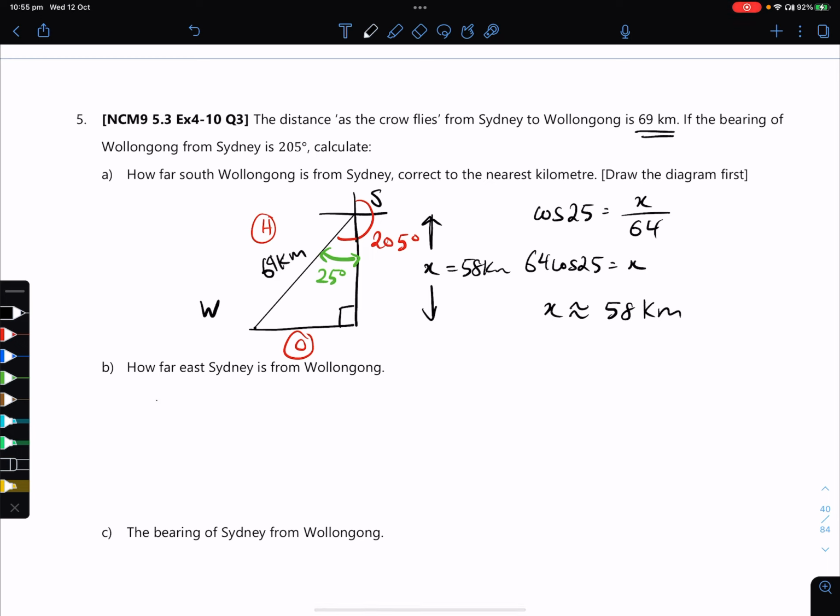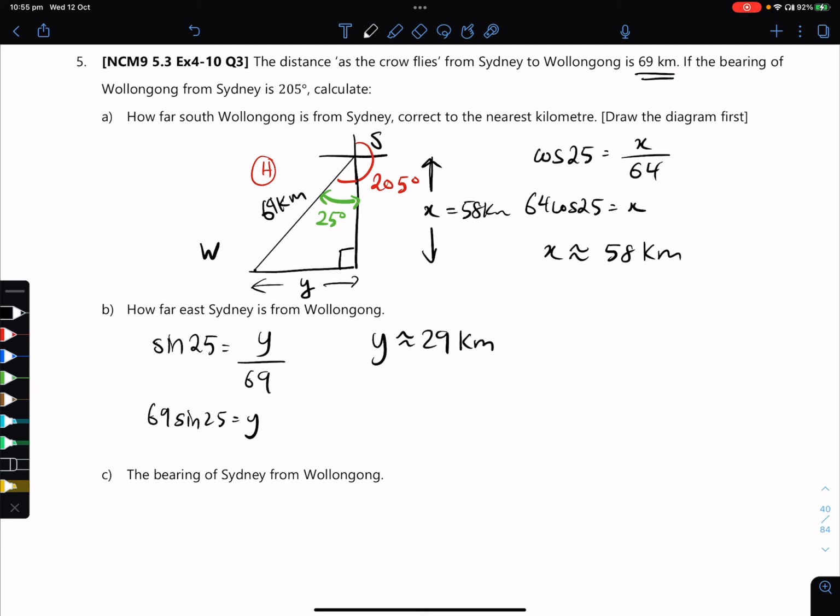So we'll use the sine ratio. So sine of 25, okay, this time we'll say this is y maybe, which is y over 69. And so if we multiply 69 over, 69 sine 25 equals y. So 69 sine 25 will equal roughly 29 kilometers.